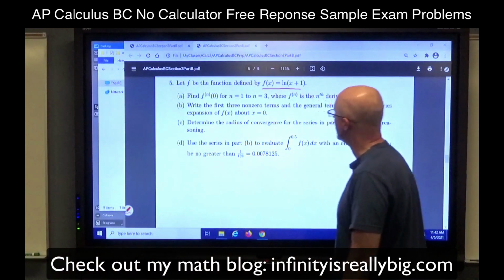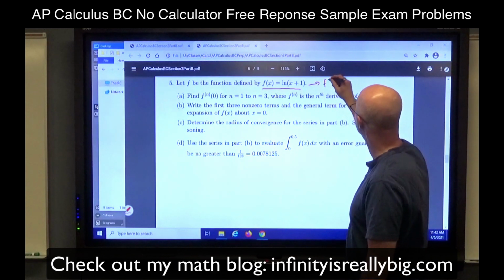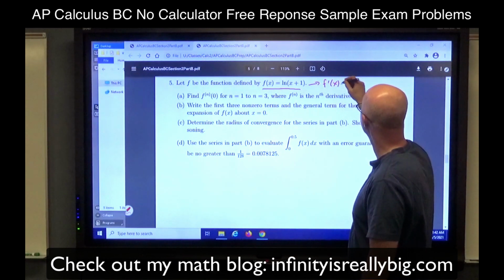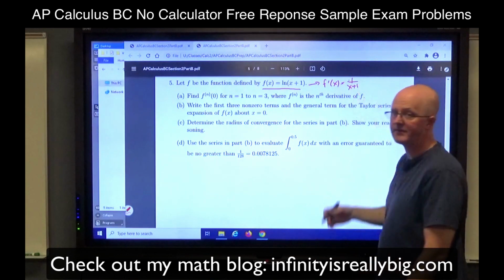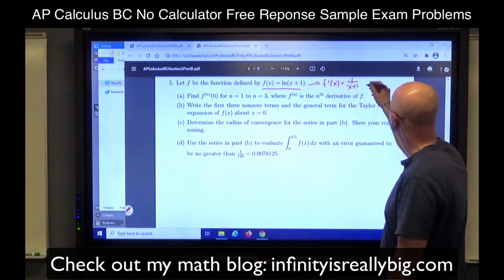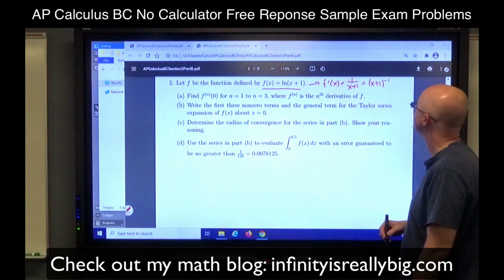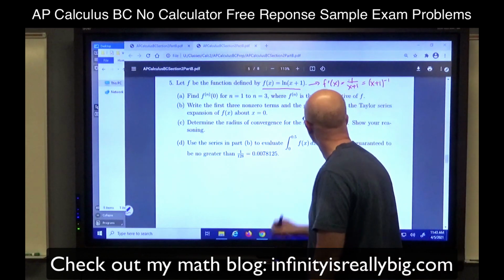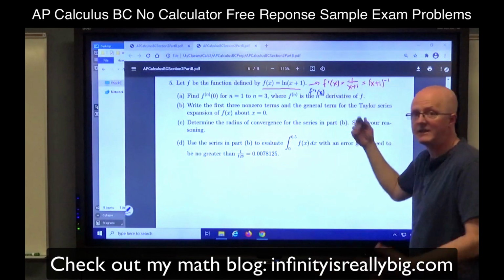All right, so let's start by just taking the derivatives of this function. I'll put them up here. F prime is 1 over x plus 1, right? Times 1, because of the chain rule. The derivative of x plus 1 is 1. So this is the same as x plus 1 to the negative 1 power. F double prime, by writing it as negative 1 power there, I can avoid the quotient rule.